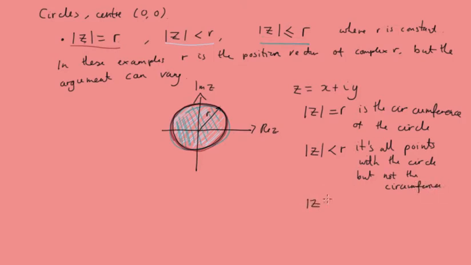And for modulus of z less than or equal to r, it's all points in the circle and the circumference.